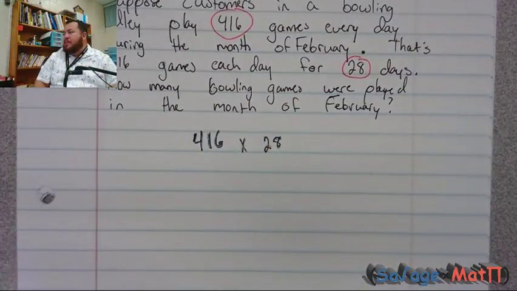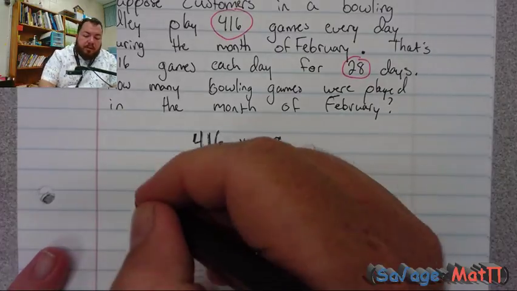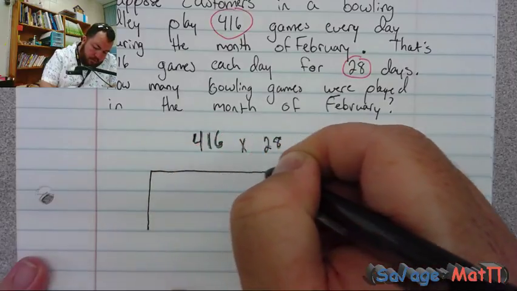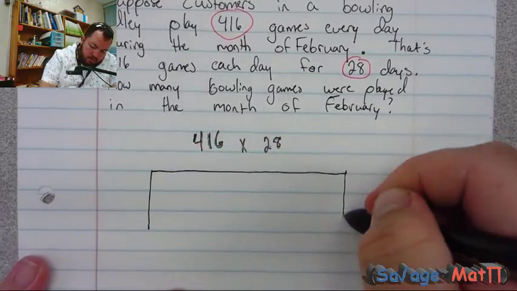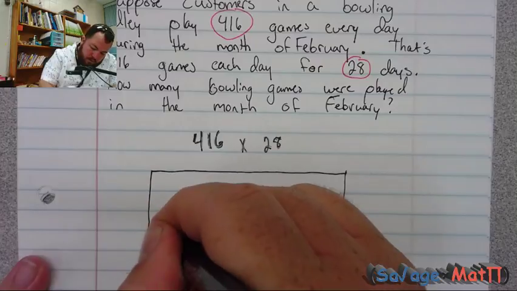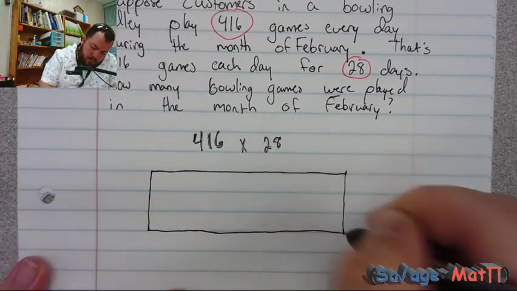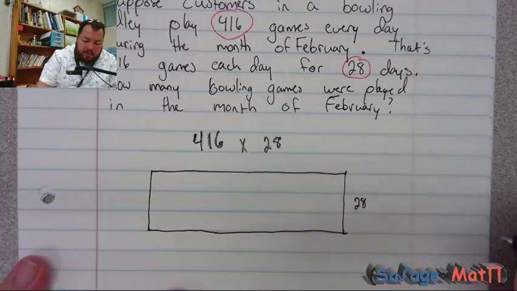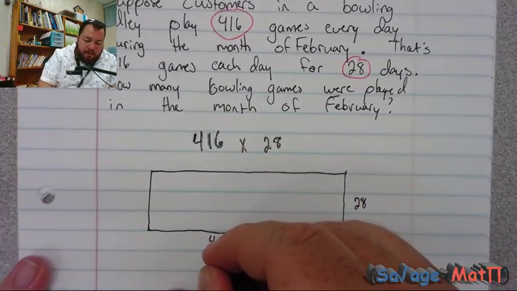So the first thing I'm going to do is an array model. So I'm going to draw a rectangle. And then on the right side I'm going to put 28, and on the bottom, I'm going to put 416.